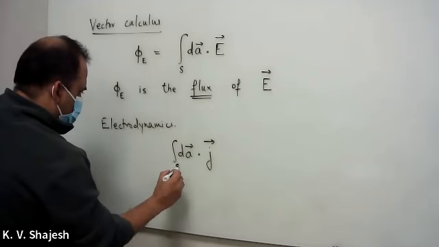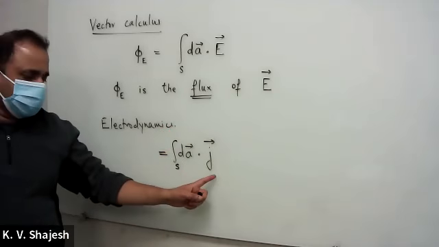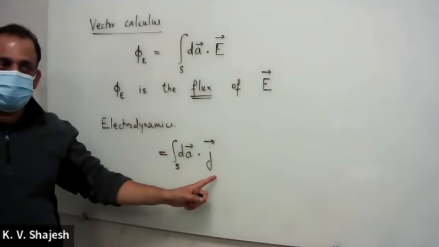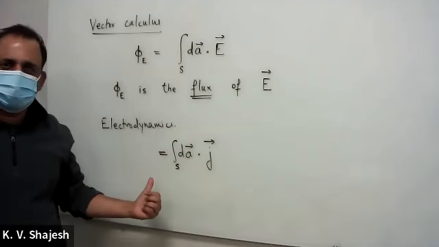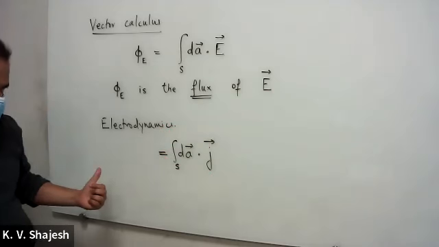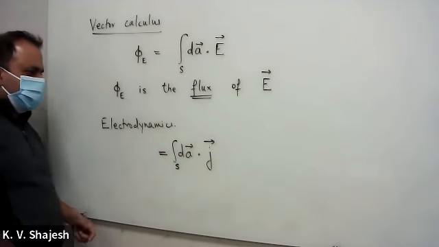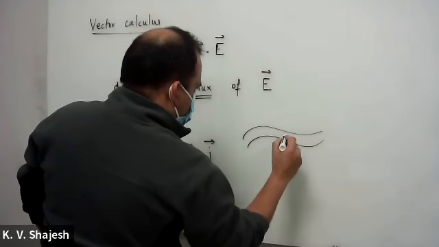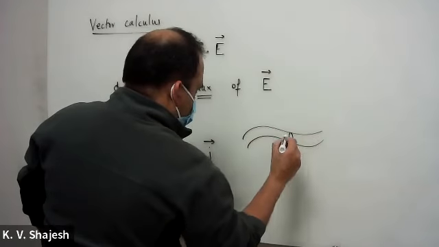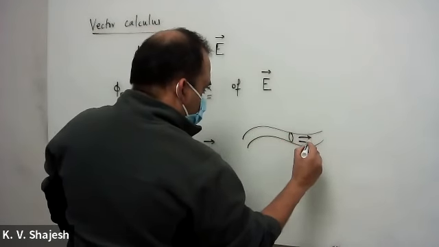What is this equal to? If J is the current density, you multiply by area, what do you get? Surface current, or just a current itself, right? I think it's a current itself, like if you have a tube and there is this area there, and J usually is in this direction.